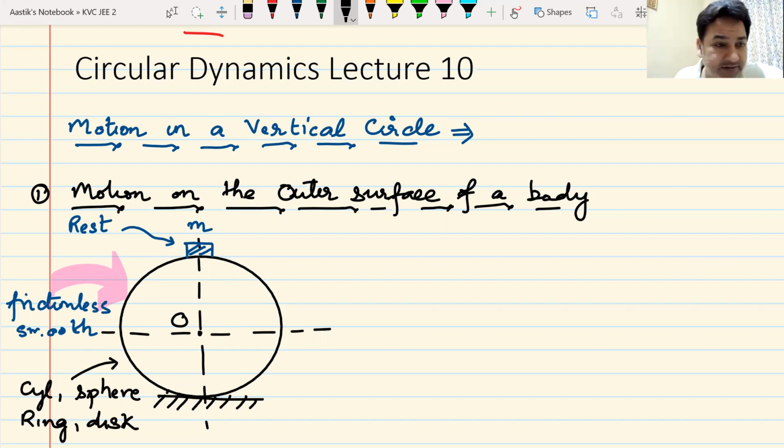Is it difficult to analyze? It moves back, sir. I mean, I push it like this, it will move back?